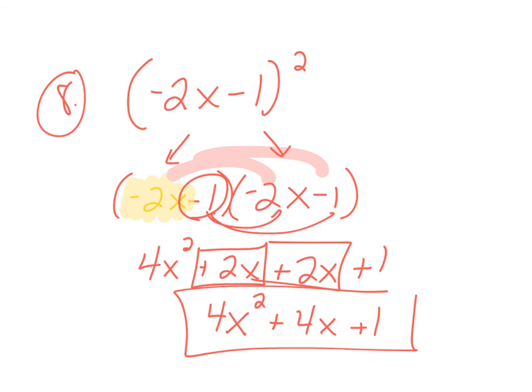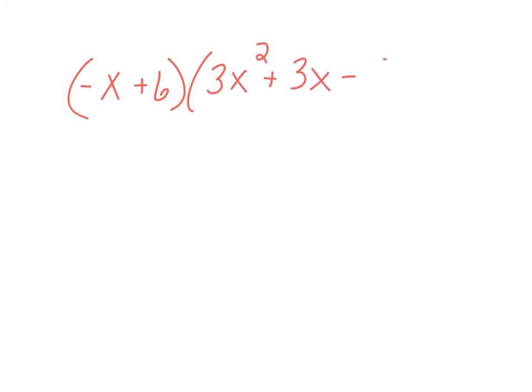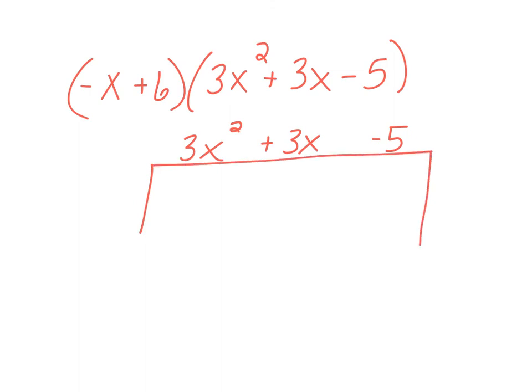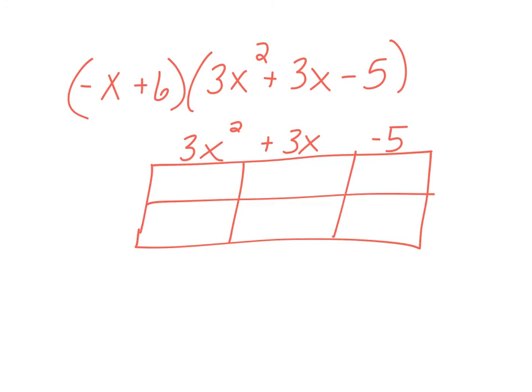In number 9, this is kind of an extension of what you've already learned, where you have a binomial times a trinomial. I'm going to set this one up by the box method. Which means I just have a bigger box. I'm going to end up making 6 multiplications.